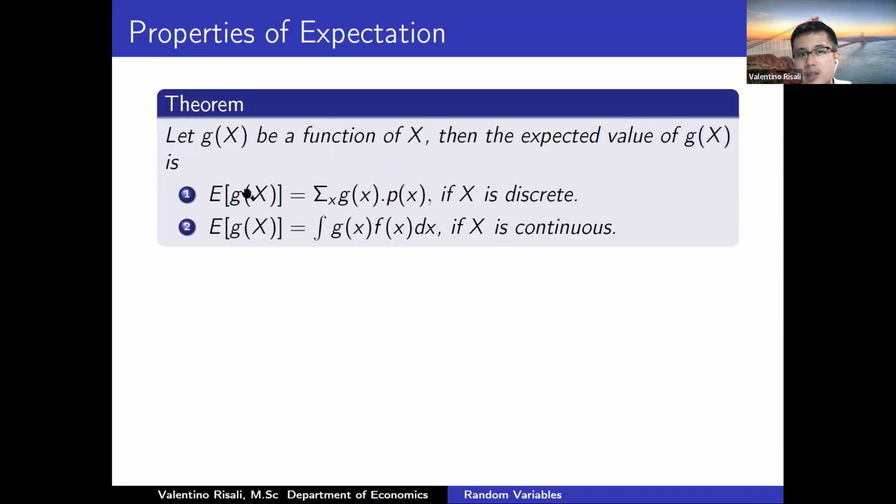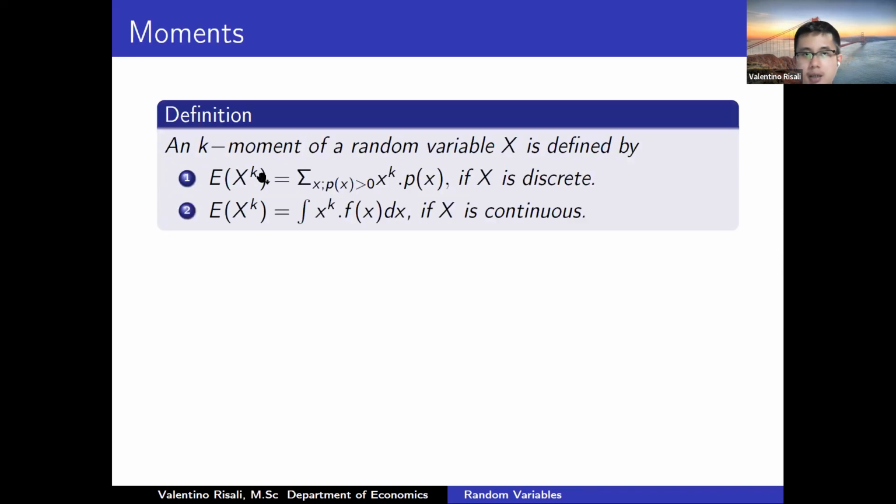I mean, for g(x) equal to x to the power of k, the expectation is sigma of x to the power of k times p(x) for a discrete random variable, and for the continuous case, it is the integral of x to the power of k times f(x).